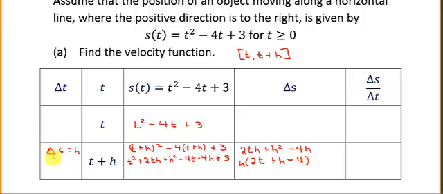And then to calculate the average velocity, change in position over change in time, we'll have this is the change in position, this is the change in time, this is the displacement. Remember, change in position is displacement. This expression divided by h will just leave 2t plus h minus 4.